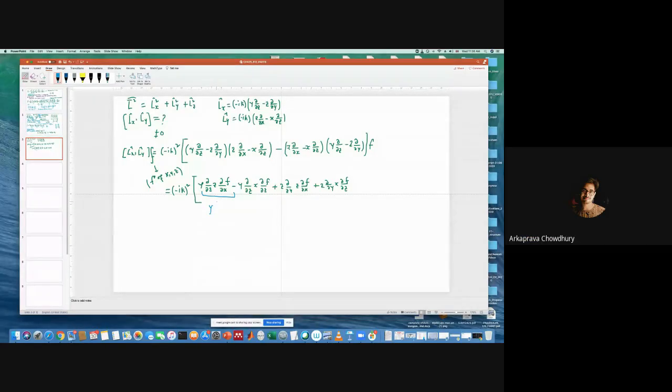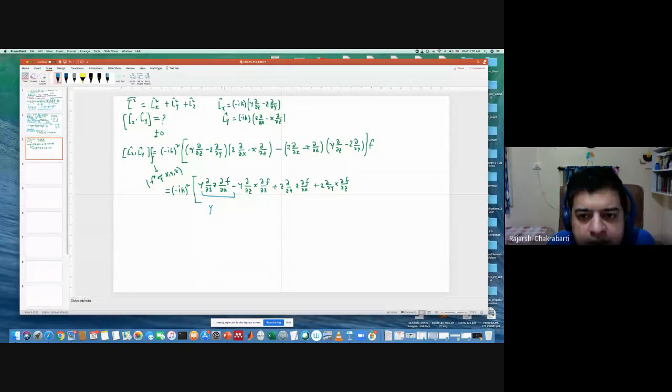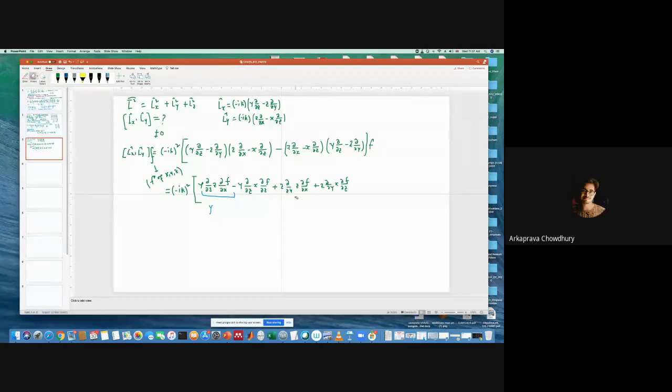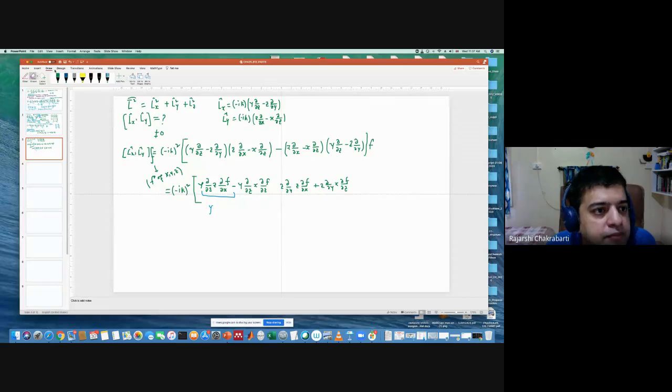So there will be a negative sign on the third component. This one into this one is plus, this one into minus, this one into plus, this one into minus. Yes, you're right. The third one.